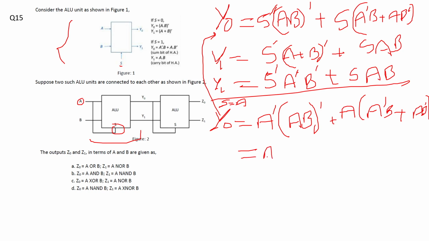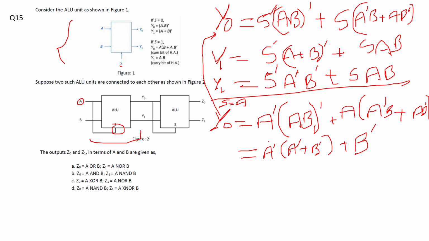So this will be A complement, and this thing will be A plus B, A complement plus B complement, and this A complement will be 0, and this will be A B complement.